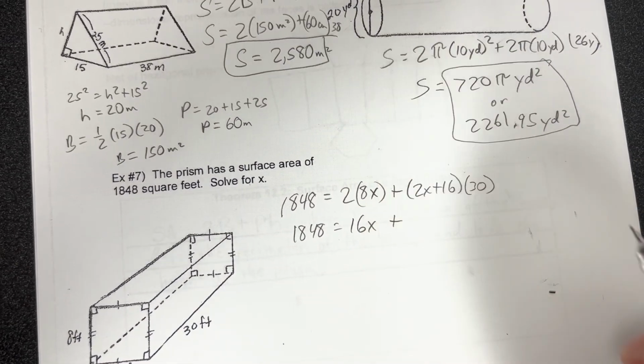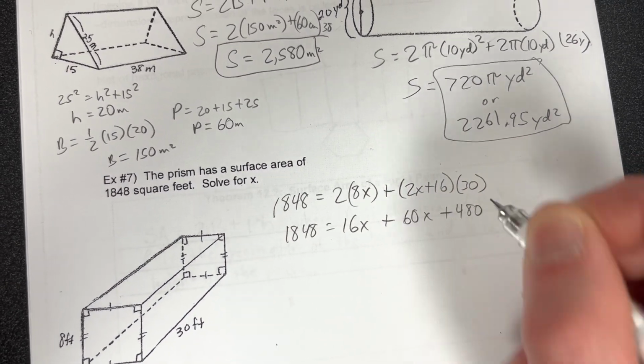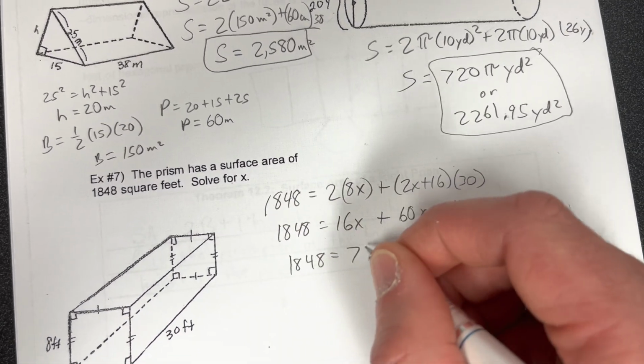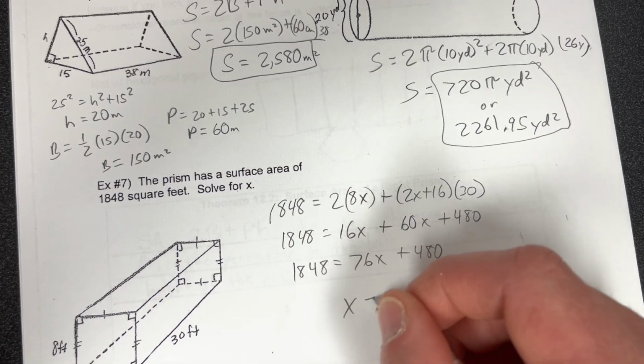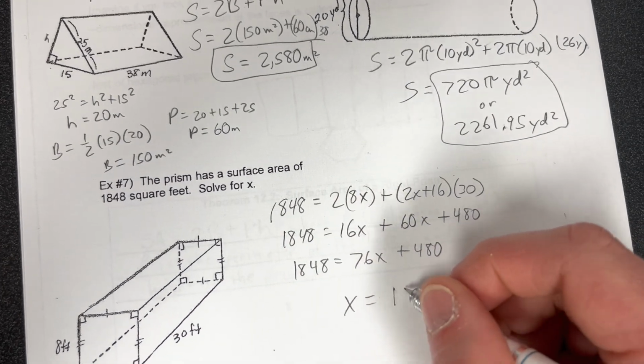Distribute. Combine like terms. And solve for x. And you get 18 feet.